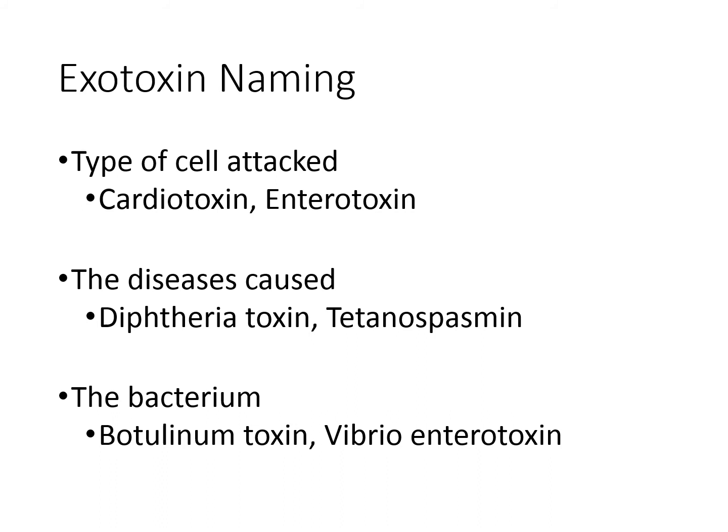Sometimes exotoxins are named for the bacterium that produces them. So, for example, we've talked about Clostridium botulinum. This is a bacterium that produces the botulinum toxin, and the botulinum toxin is one of the most poisonous toxins known to man. Only a few nanograms can kill a person.